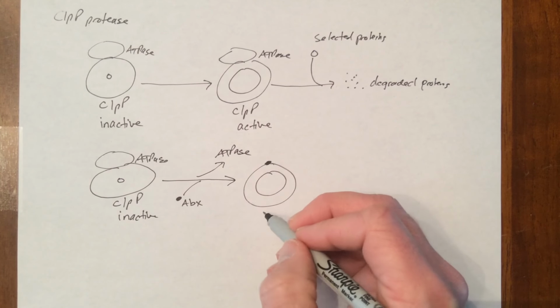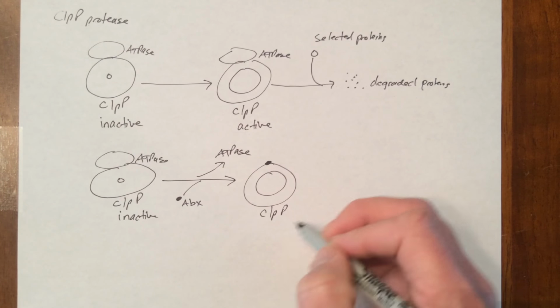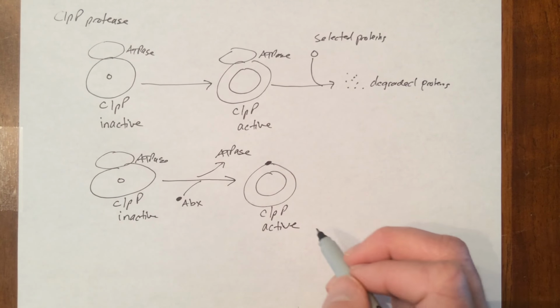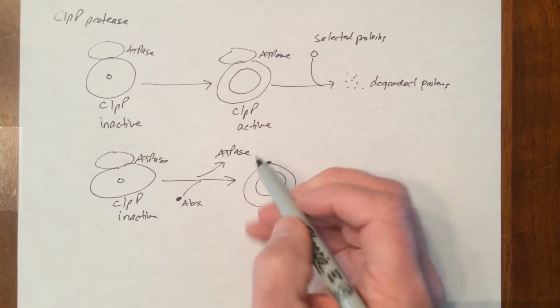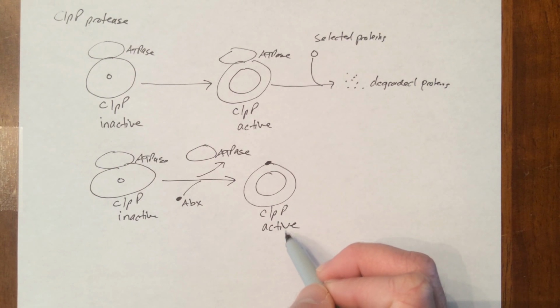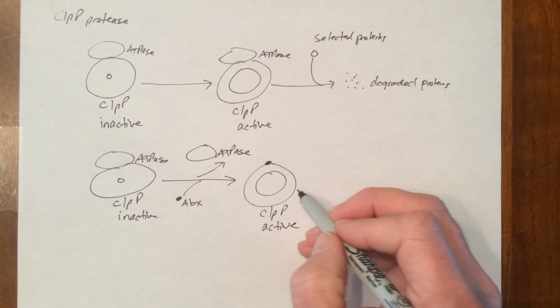Now here we have our CLP protease that's active all the time. The drug has come in, bound the ATPase and kicked it off, and now the CLP-P protease is just active all the time.